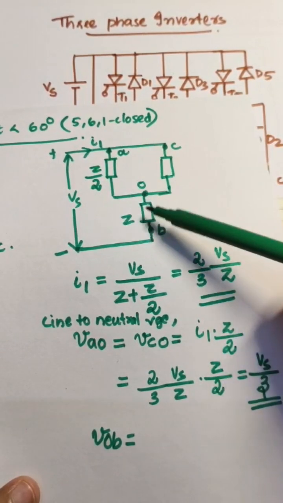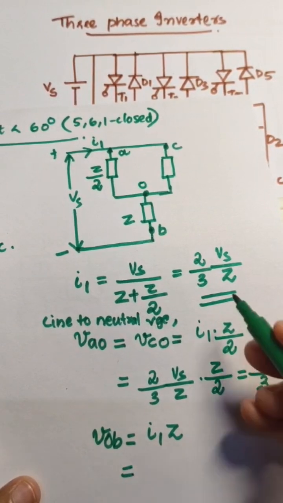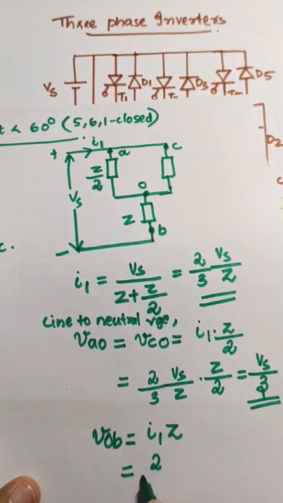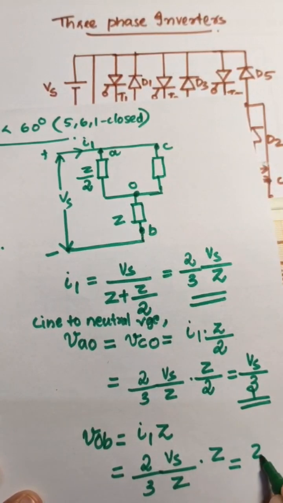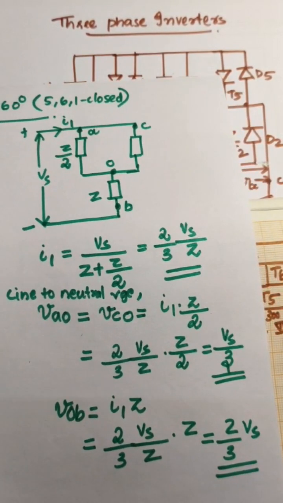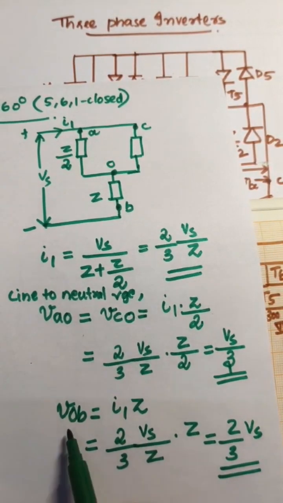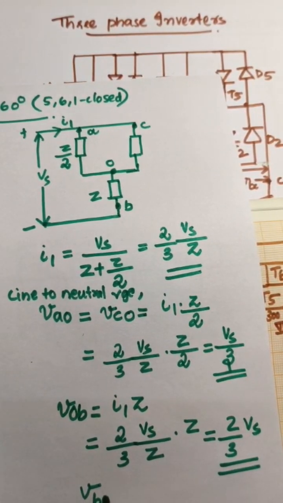VOB is current into impedance, I1 into Z, which is equal to I1 we know like 2 by 3 Vs by Z into Z. Z cancelled, we obtained it as 2 by 3 Vs. If VOB equal to 2 by 3 Vs, then VBO we can write it as minus 2 by 3 Vs.